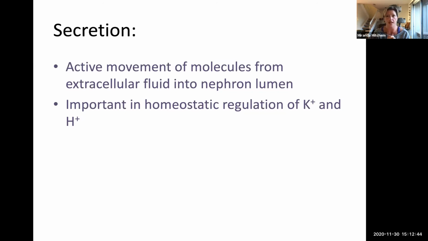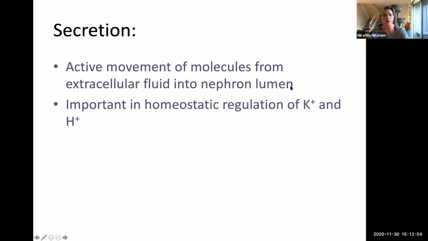Potassium balance and pH balance are tied together because of some of the pumps. Okay, I didn't mean to jump off of that so quickly. So we will talk about the rest of this part of it in the next chapter, and we'll look at examples of what happens with altering concentrations of potassium.